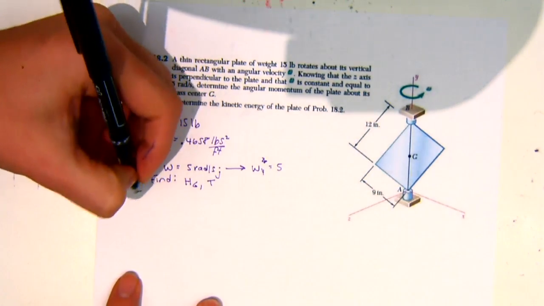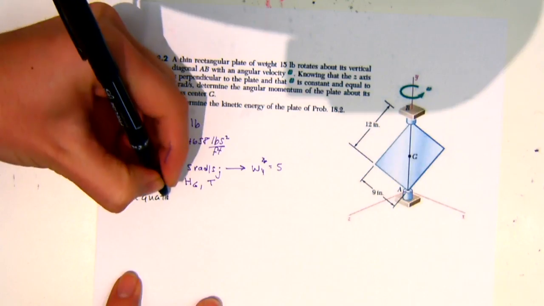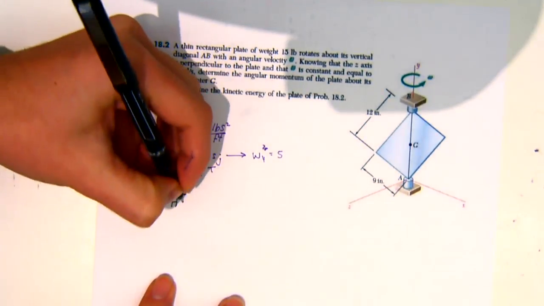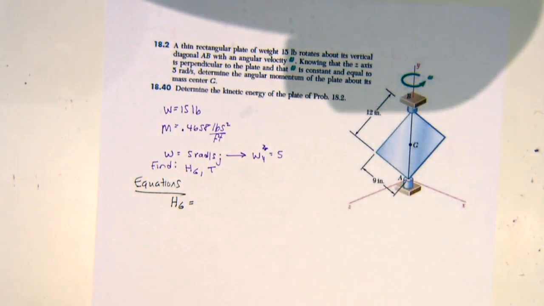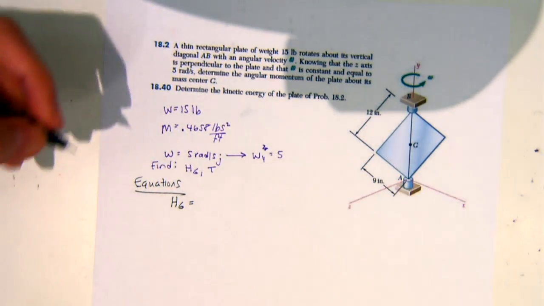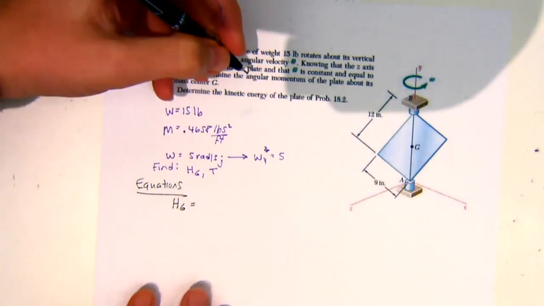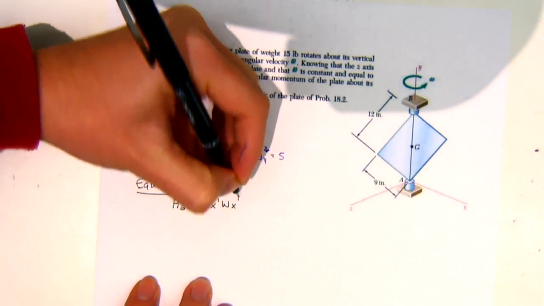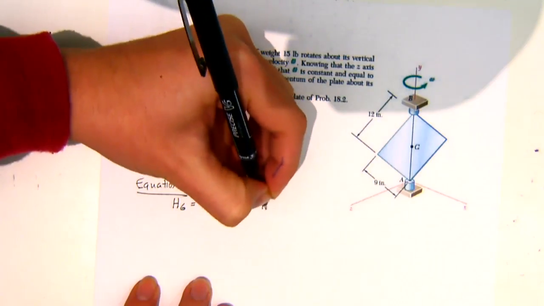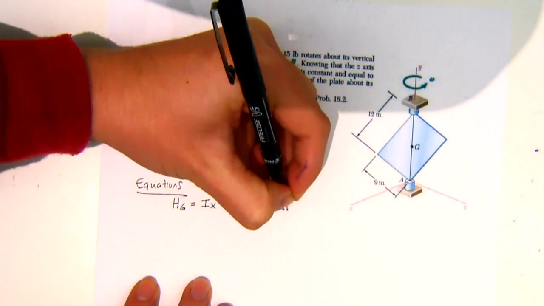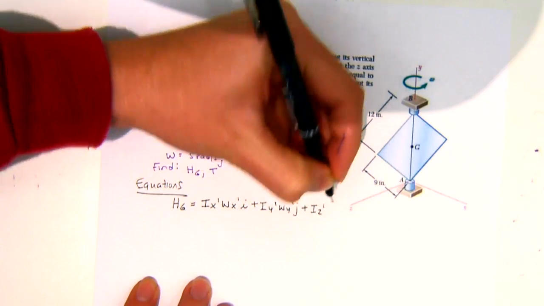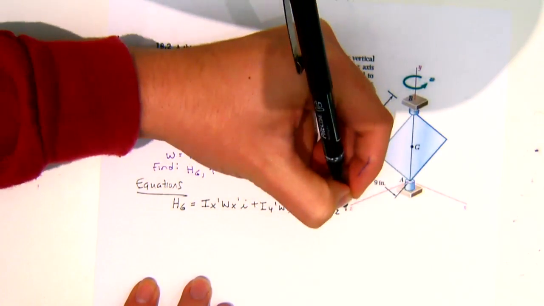For our equations, we know that HG, the angular momentum about its center, if I'm using principal axes, will equal Ix prime omega x prime i plus Iy prime omega y prime j plus Iz prime omega z prime k.